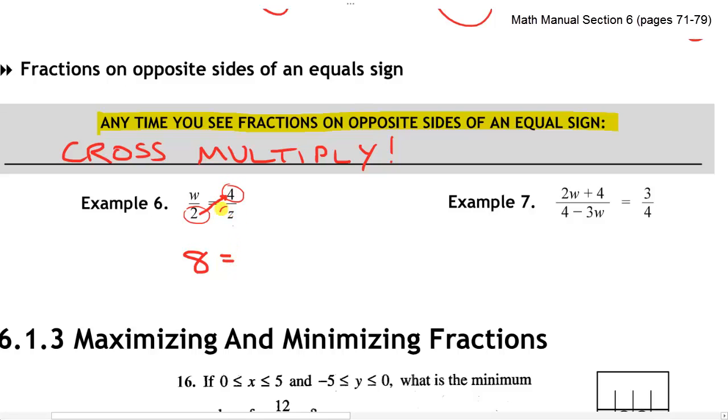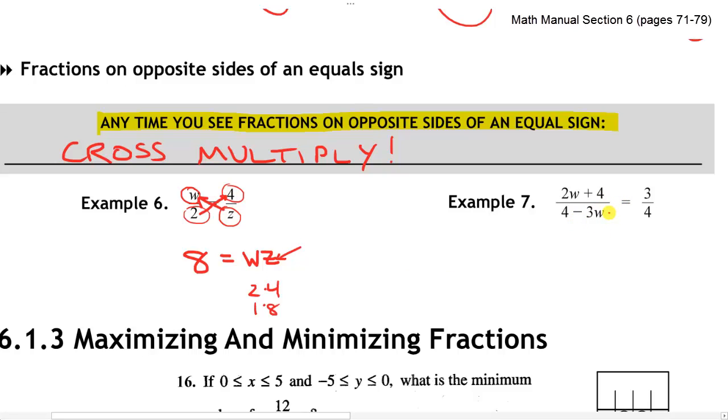We get the right-hand denominator times the left-hand numerator, we get wz. So these two fractions on opposite sides of an equal sign simplify to this slightly cleaner formula, wz equals 8. And from that point, you might start throwing in numbers. You've got 2 and 4, or 1 and 8, or whatever you want, but this equation puts things in slightly simpler form.